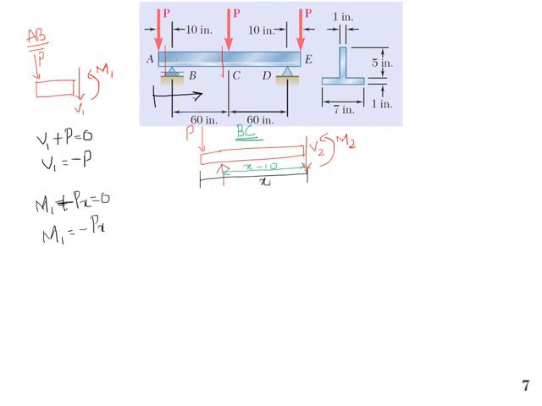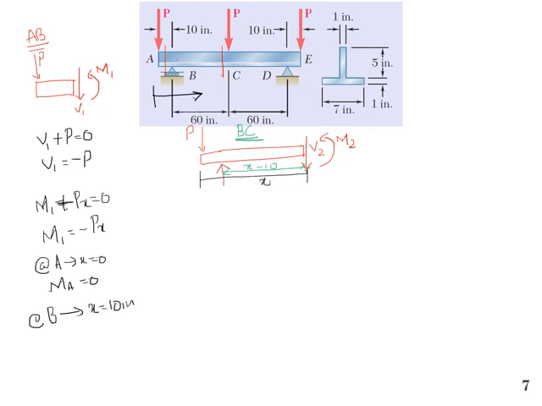Now at A, X will be 0, so MA will be equal to 0. Now at B, X is equal to 10 inches.